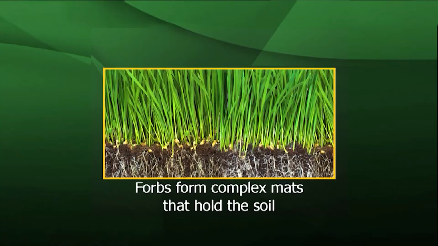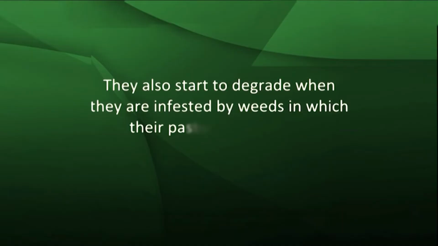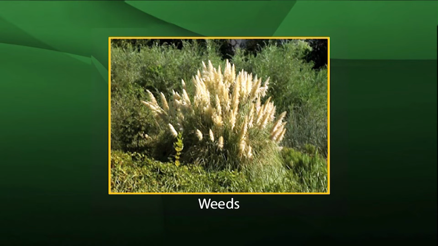Grasses can withstand drought because their roots extend deep into the ground, to underground water supplies. They also store enormous amounts of nutrients that permit the plant to regrow after drought or periodic fires. They also start to degrade when they are infested by weeds, in which case their pasture quality also deteriorates.